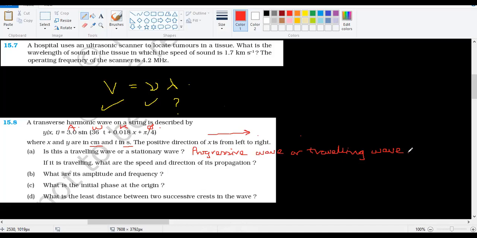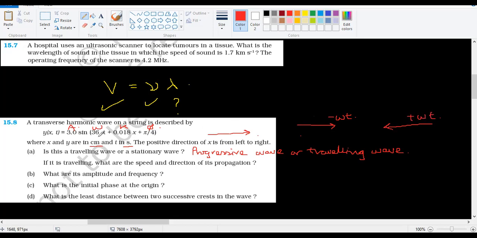If it is traveling, what are the speed and direction of its propagation? When the wave goes left to right, it should be kx minus ωt. If the wave is coming the other way, it should be plus ωt.